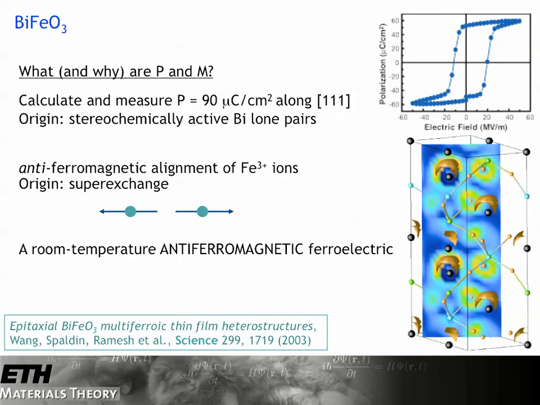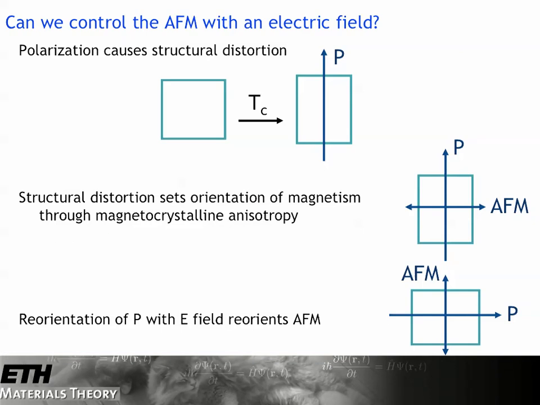Given that we have at least some kind of magnetic ordering combined with ferroelectricity, I want to show you then how we've been able to go about controlling the antiferromagnetism with an electric field. Now, obviously, we would rather be controlling ferromagnetism with an electric field, but we're at least one step on the way. And the physics that we decided to use is, again, kind of the simplest possible physics.